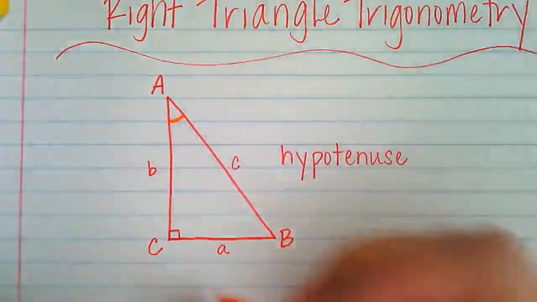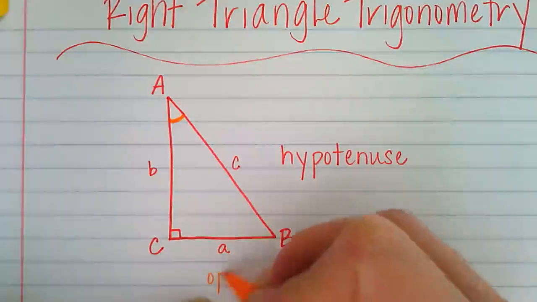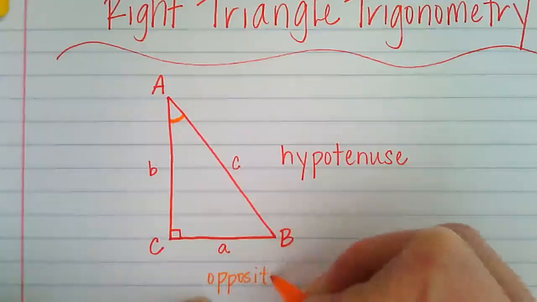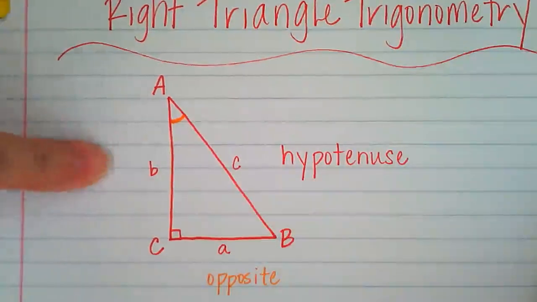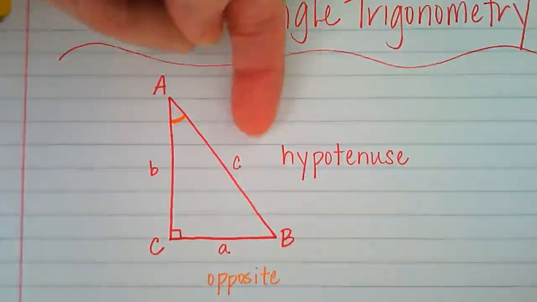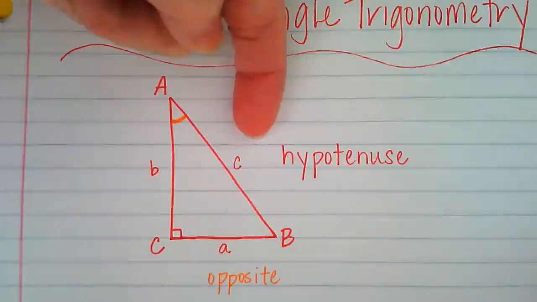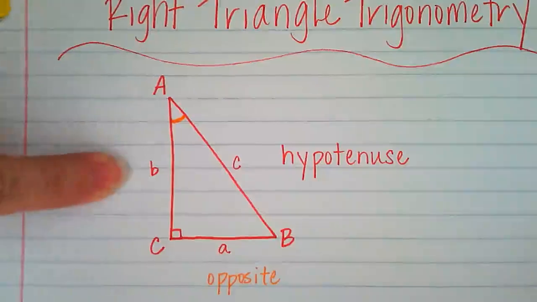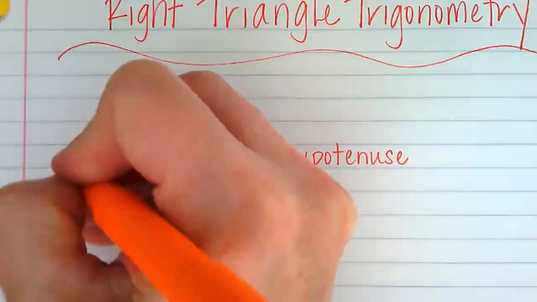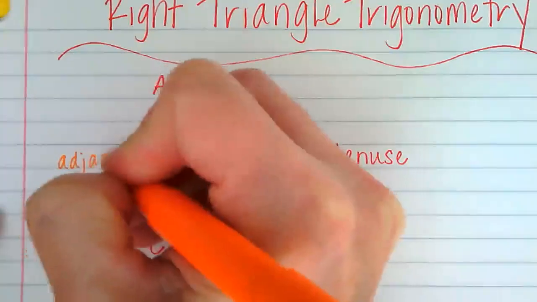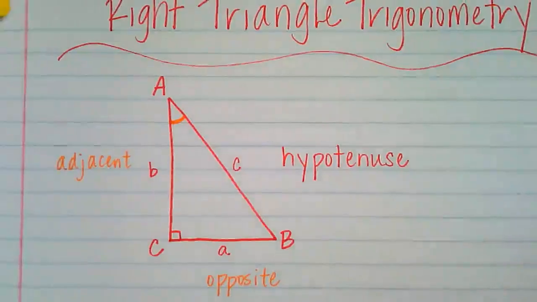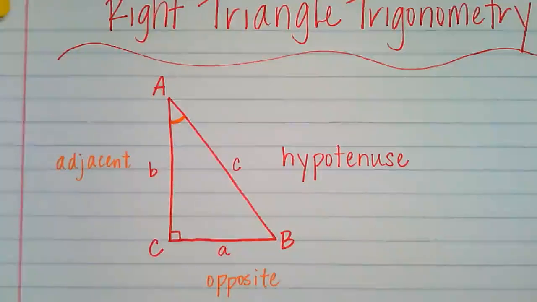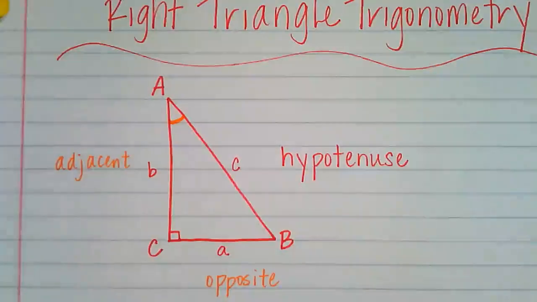So when I'm at angle A, this side is opposite, and this side is adjacent. Now, I know that this side is also adjacent, but that's the hypotenuse, and that overrides everything. So this side is adjacent to angle A. Now, when we talk about adjacent, we're talking about next to. So the classroom that is adjacent to mine is going to be 7B2 or whatever. So when we talk about opposite and adjacent, it's from the perspective of that angle.